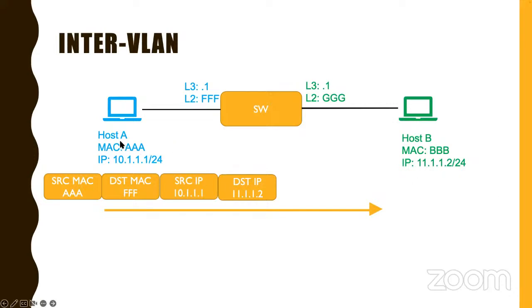So now, the same thing will happen on this switch, and the CAM table will be populated using GR. Let me take the marker. Let's say this is port 1, and this is port 2.